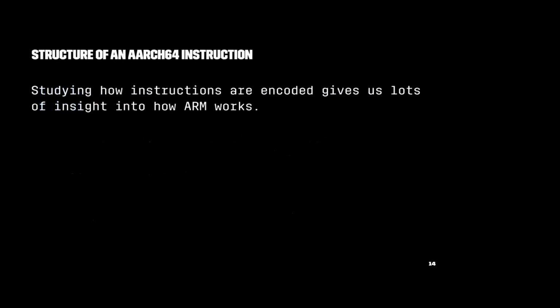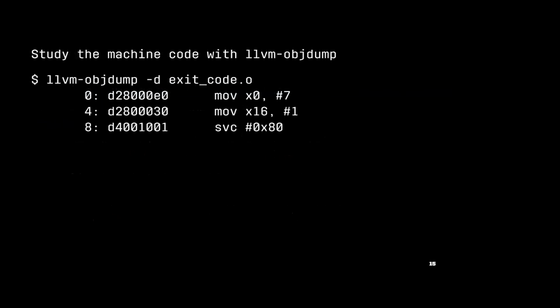Okay. So I want to study how the instructions are encoded, because this gives us a lot of insight into the ARM platform. The way that I like to study my code is with llvm-objdump. There's another more classical tool called just objdump, and I think llvm-objdump is a little bit better.